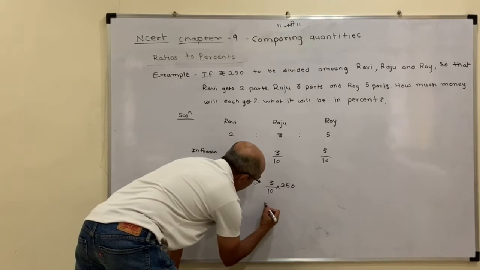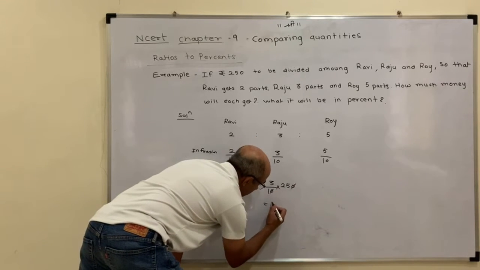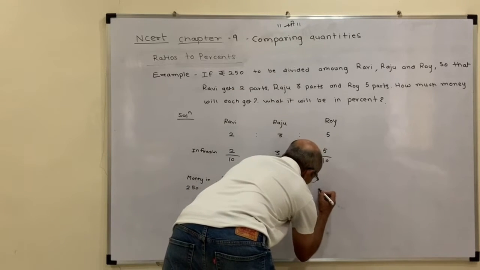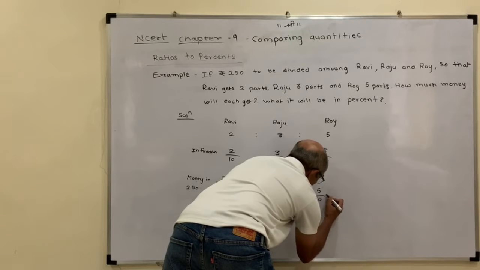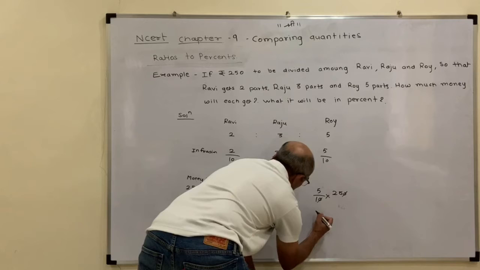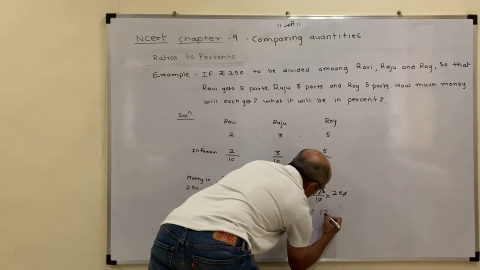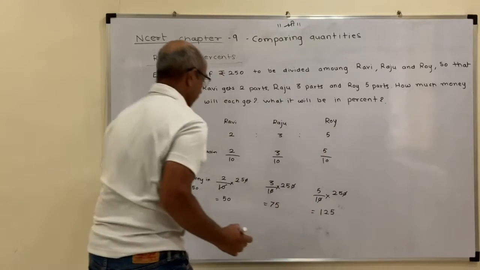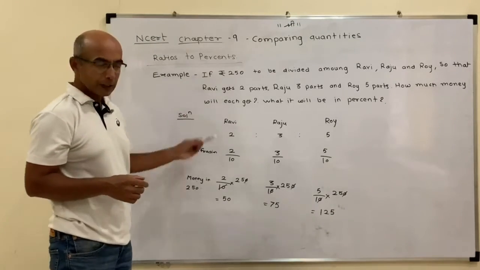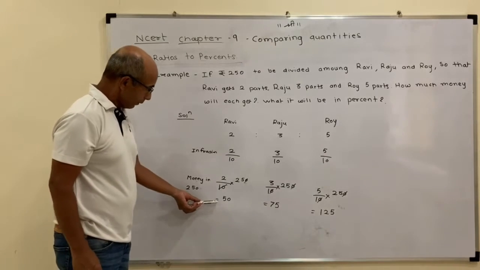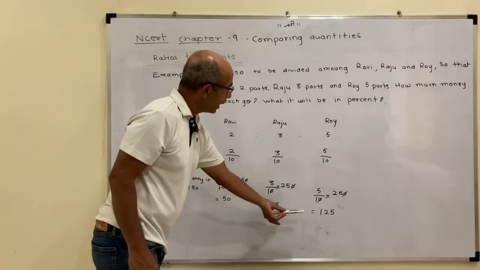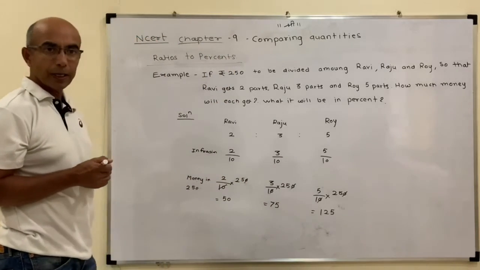So Raju will get 25 threes are 75 rupees. And Roy will get 5 by 10 into 250, so 5 into 25 is 125 rupees. So out of 250 rupees, Ravi will get 50 rupees, Raju will get 75 rupees, and Roy will get 125 rupees.